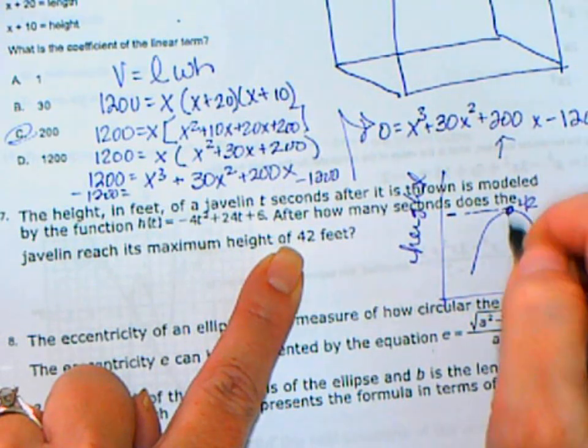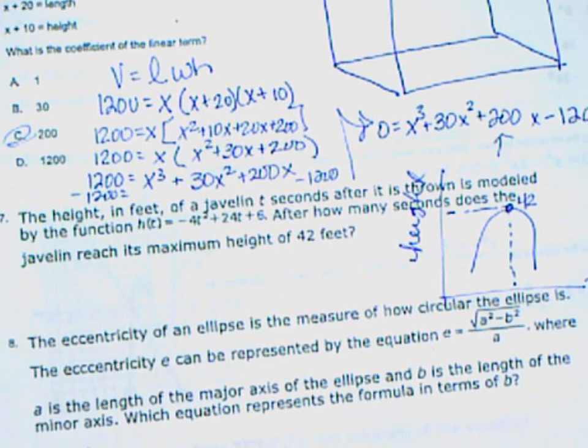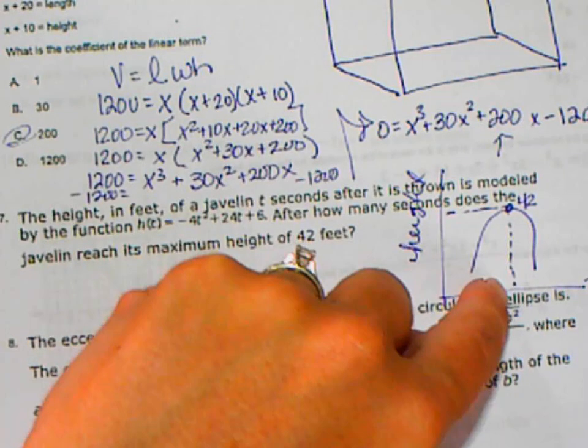So we've got to figure out what time it is at the maximum of 42. Well, isn't that the vertex? Yeah. So if we could figure out the vertex, that would help us because that would tell us what this x value is.